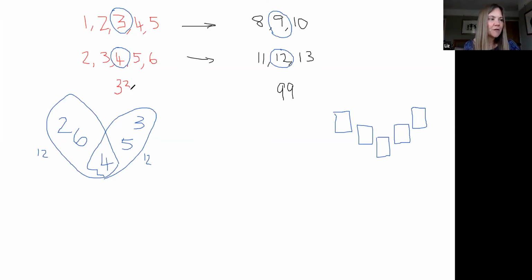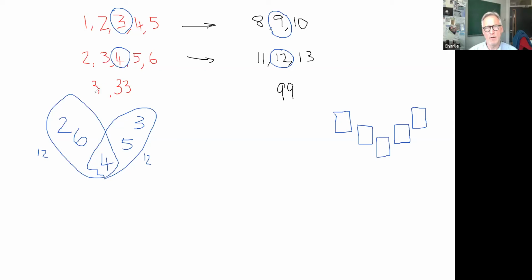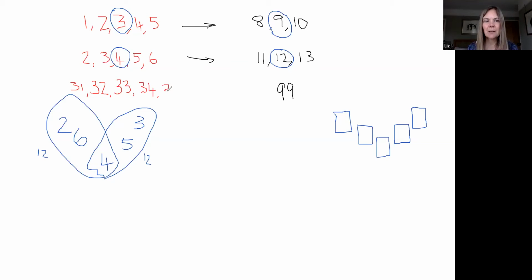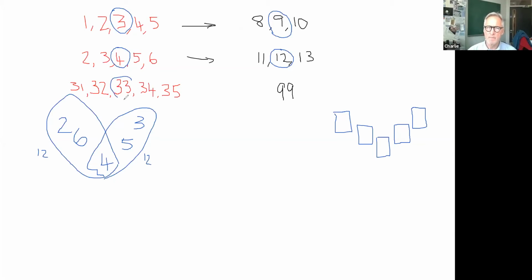And I think we've got some people posting who agree as well, Charlie. Okay. The other numbers are going to have to be 31, 32, 34, 35. So then it's a question of thinking about how we arrange them. If I put the 33 at the bottom, I'm going to be able to make a total of 99.